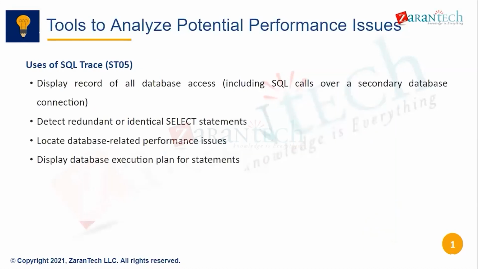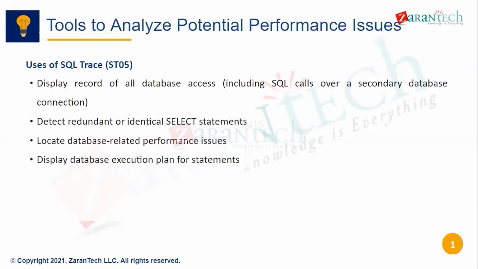What are the different uses of this SQL trace ST05? ST05 is a T-code which you need to execute in the GUI or the ADT if you want to do a SQL trace. It displays the record of all the database accesses. It provides the list of activities, the SELECT statements or database activities involved in that particular report or program.